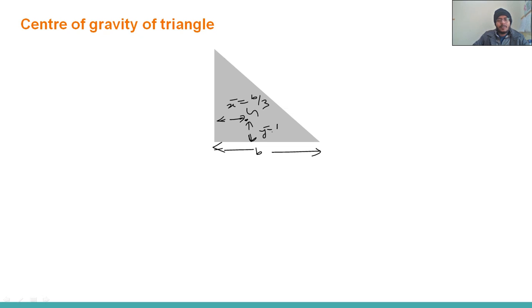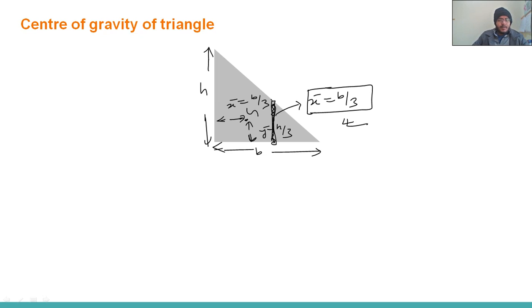Y bar is h by 3 if this is h. But to calculate x bar, you have to take the segment parallel to y axis. By taking this segment, you can calculate x bar, and it will come b by 3.